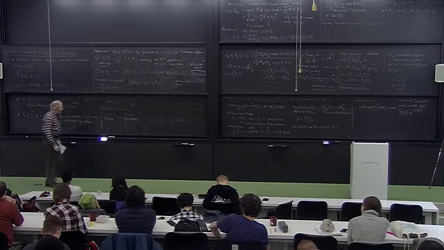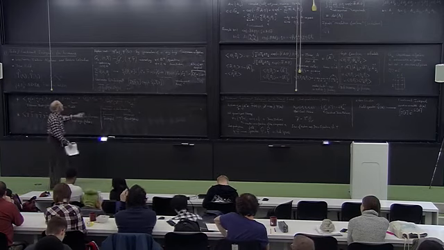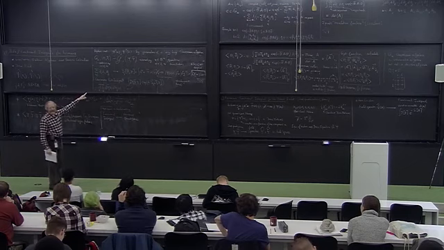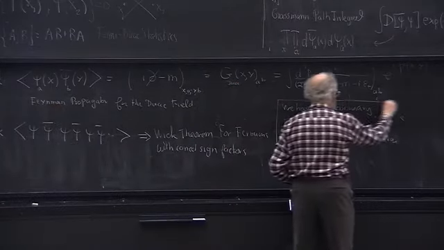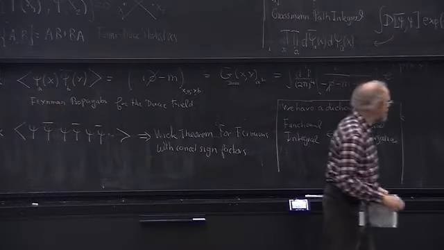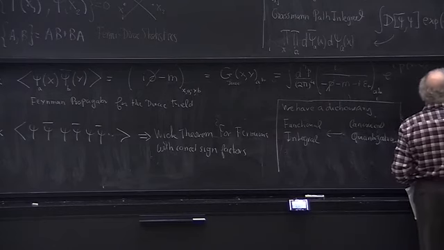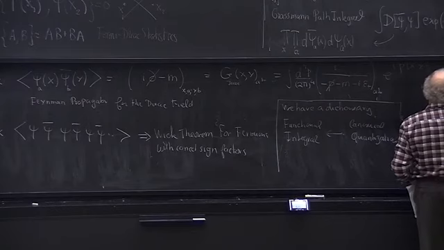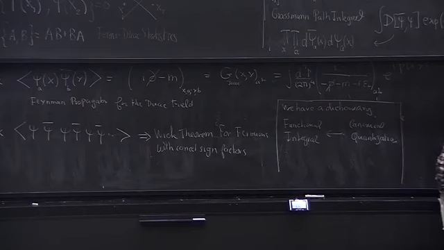And the field operators correspond to Grassmannian fields, which anti-commute. So this will be important for quantization of Dirac fields coupled to gauge field.